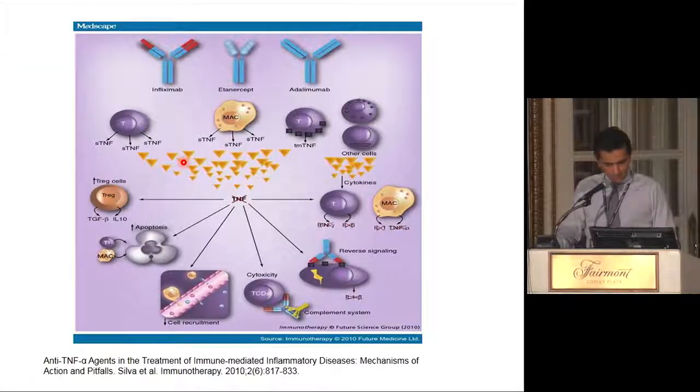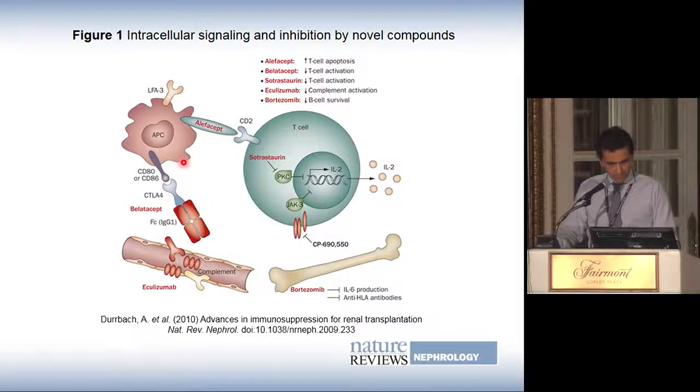Here is another one, which is a drug for renal transplant patients. This drug is already in the clinic now. It's a newer drug called belatacept. Again, it works at the level where I said there's a positive kick to the T cells that pushes T cells to become more active.